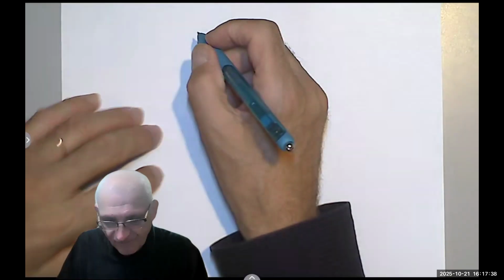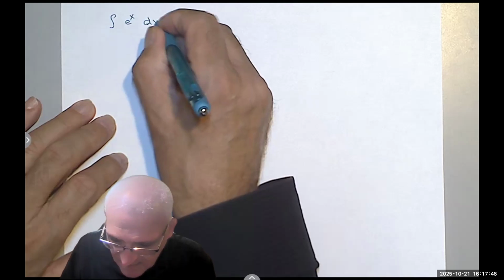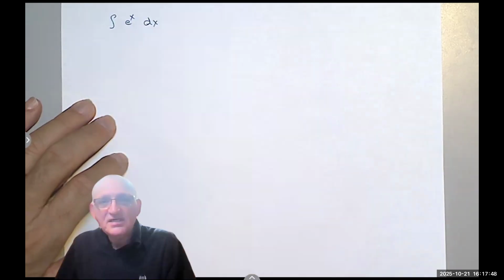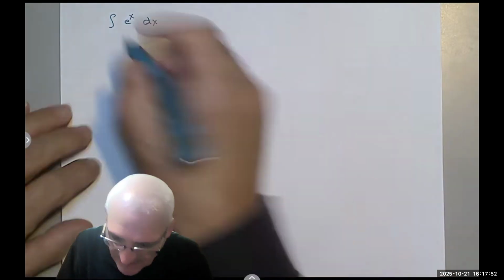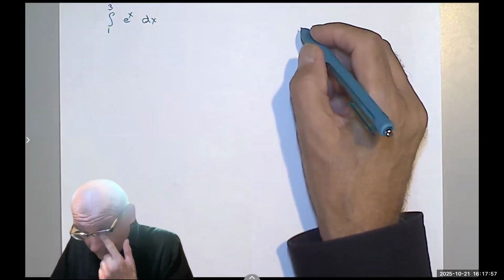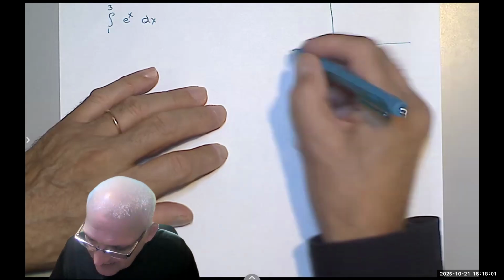So for example, let's look at, if I tell you what is the integral of a function, just any function. Let's say e to the x dx, even an indeterminate integral. If I say integrating from 1 to 3, it means that I have the graph of e to the x.